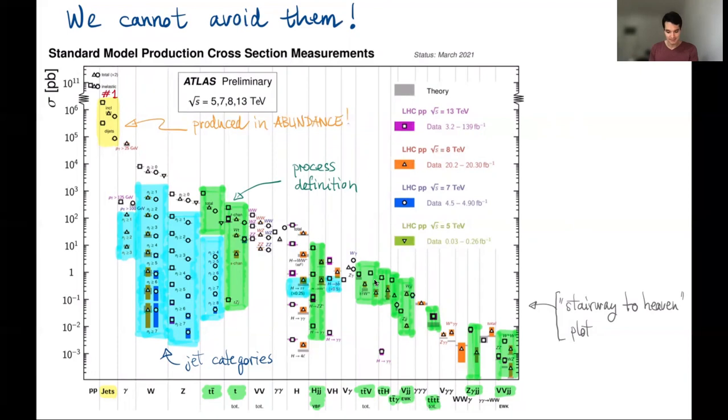However, there are also processes which rely on jets in order to define the process itself. Whenever I have a top, it will decay into a bottom quark and a W boson. So I will always have a bottom quark jet in order to identify the top through its decay products.